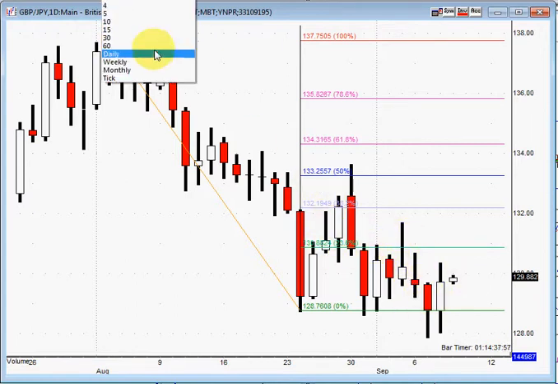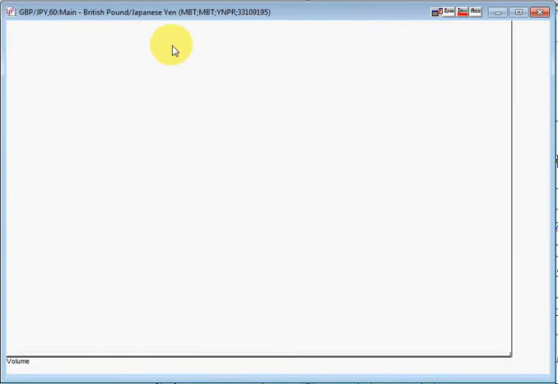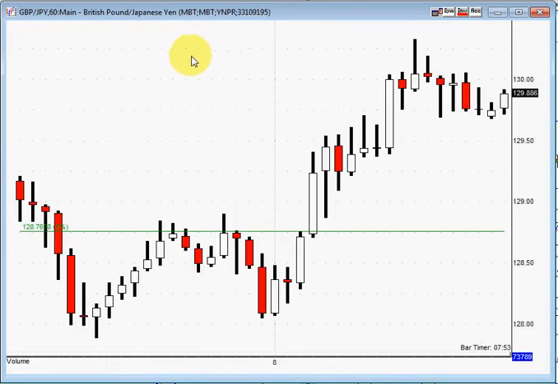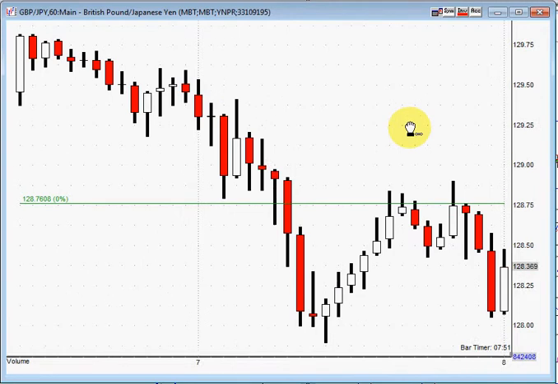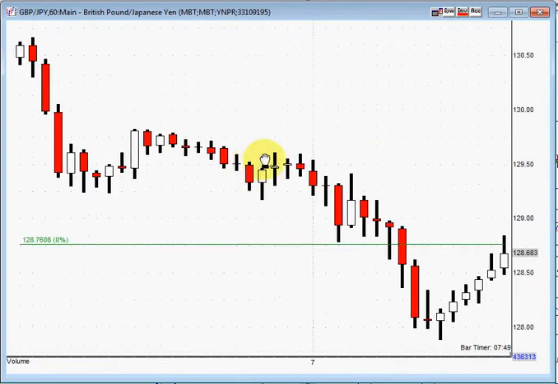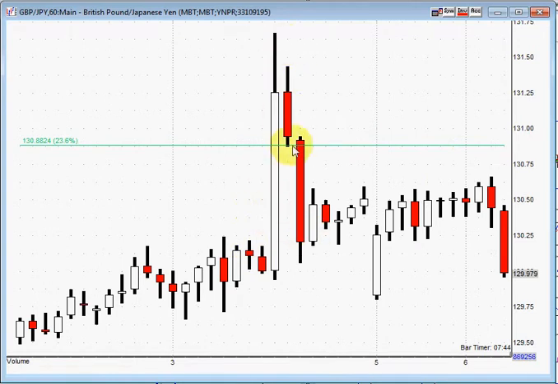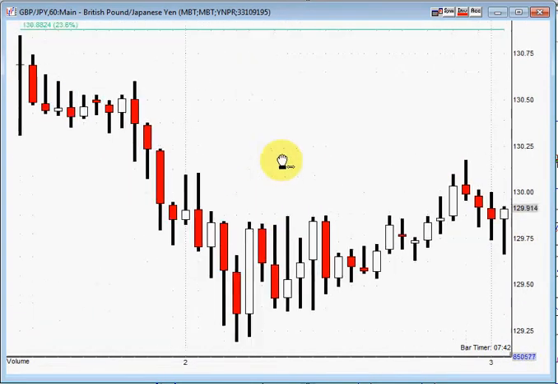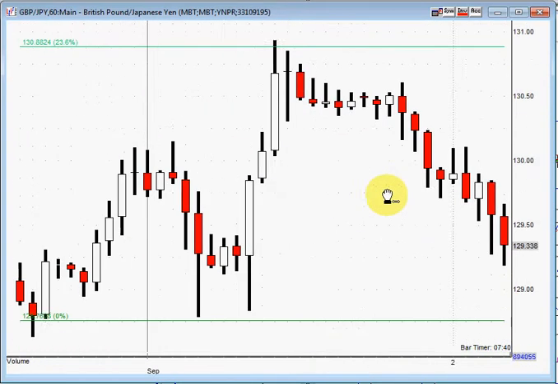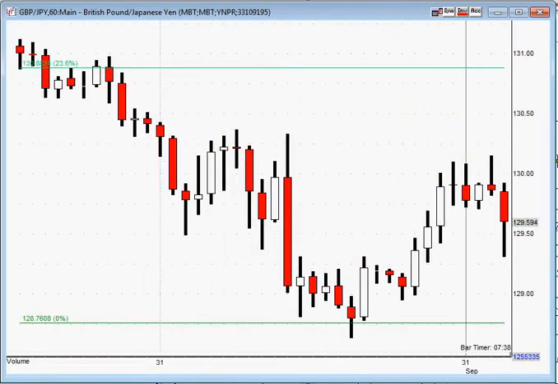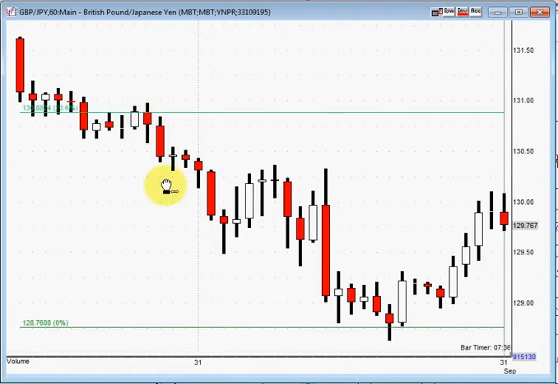When we bring it down to even smaller time frames, so bringing it down to the 60 here, this was after I had predicted that move for some other reason, but here you can see resistance and resistance. This is an intraday 60-minute chart, each candle is 60 minutes.